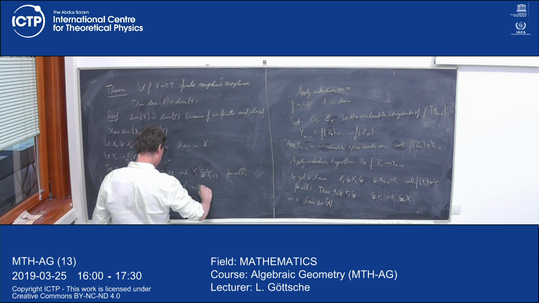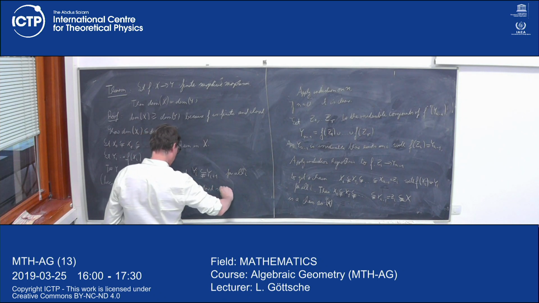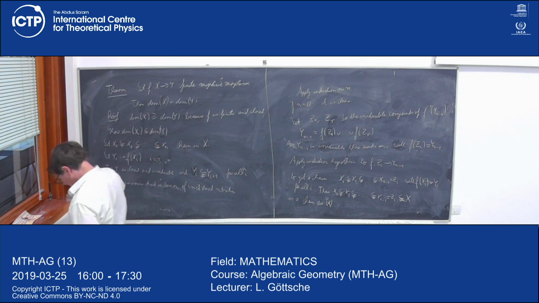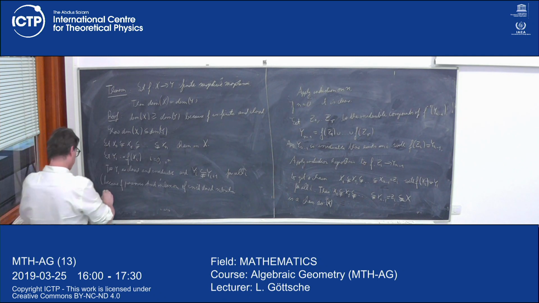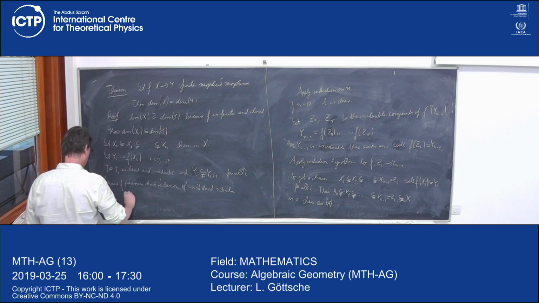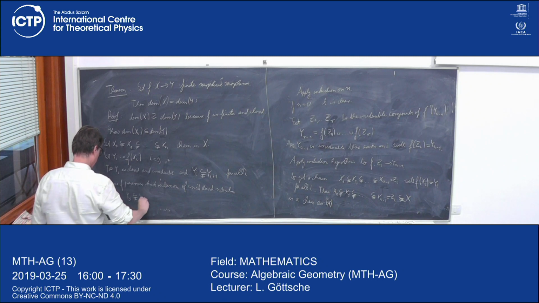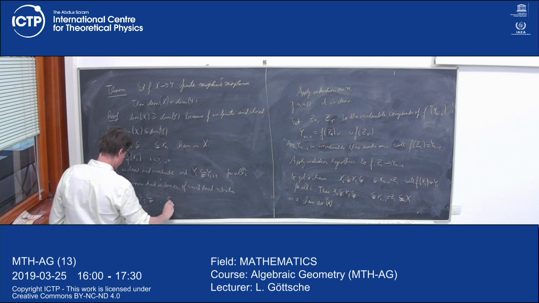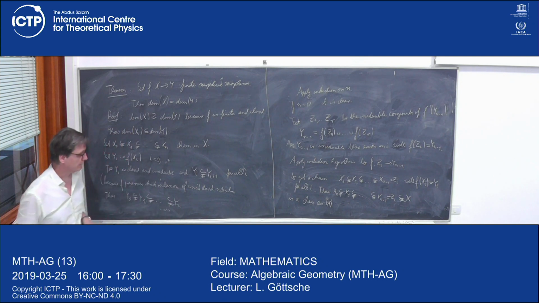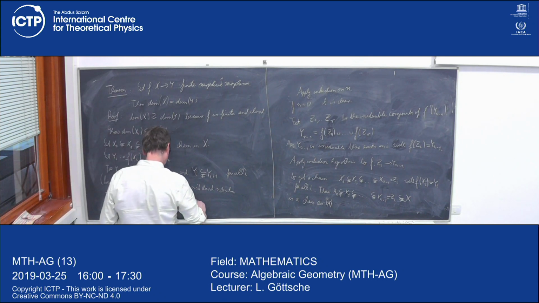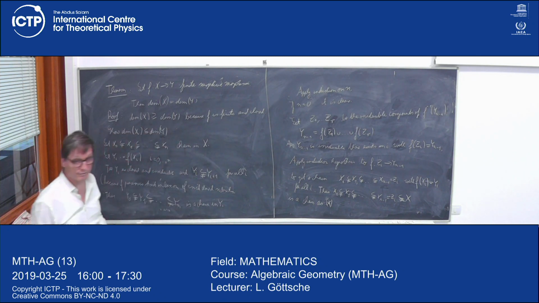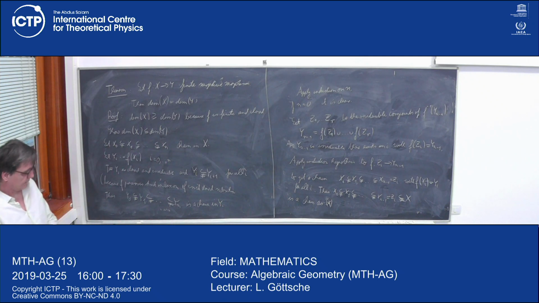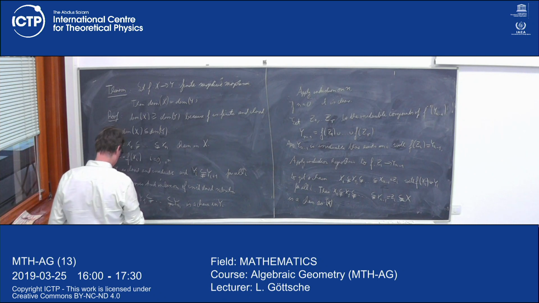So therefore we get a chain: Y0 contained in Y1 and so on is a chain in Y. Okay, so this is reasonably straightforward, and so this shows that the dimension of Y is bigger than that of X.